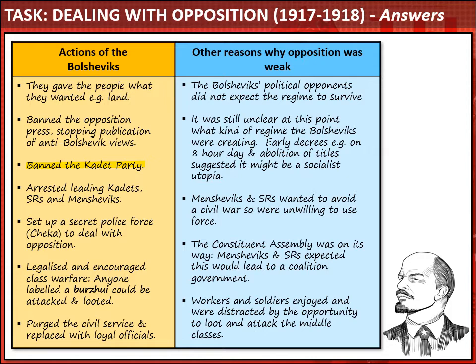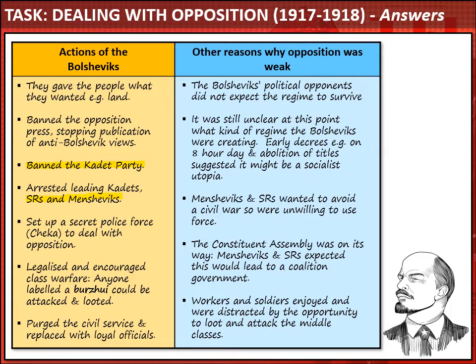The left-wing parties, the socialist parties like the SRs and the Mensheviks, are not banned yet, but they're not entirely legal either. They're somewhere in between. So the leadership of the SRs and the Mensheviks began to be arrested, and that weakened them.